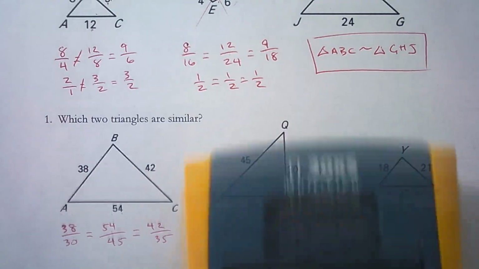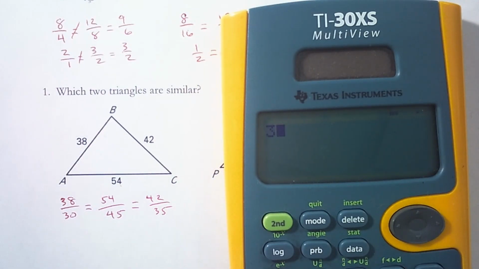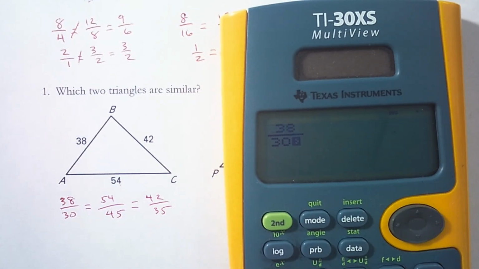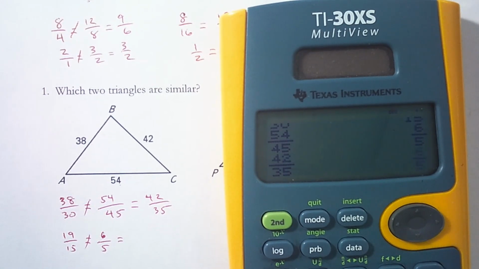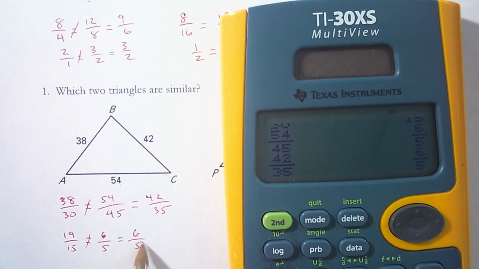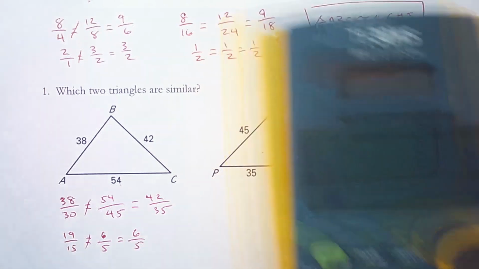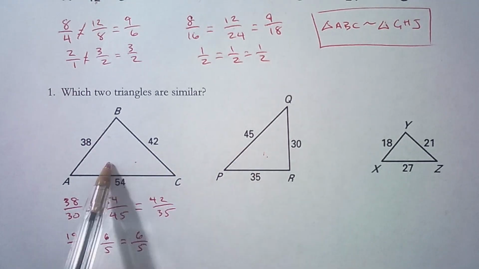So 38 over 30 is 19/15. 54 over 45 is 6/5. Those are not the same. And 42 over 35 is 6/5. So this 19/15 is not the same, so we would have to say that these two triangles are not similar.